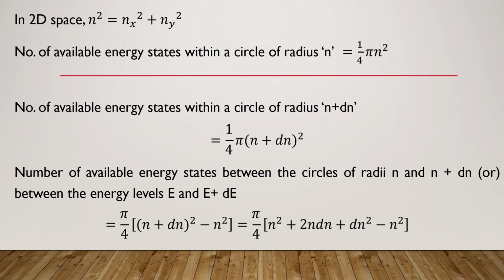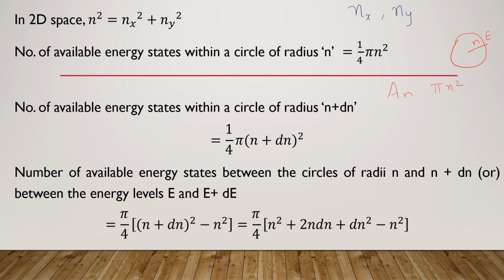In the two-dimensional quantum confined structure, the quantum numbers considered are nx, ny for the two dimensions. Here, for the first circle of radius n and energy E, the area is pi n square.